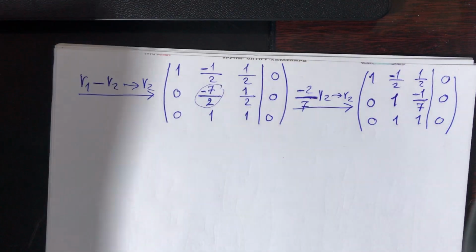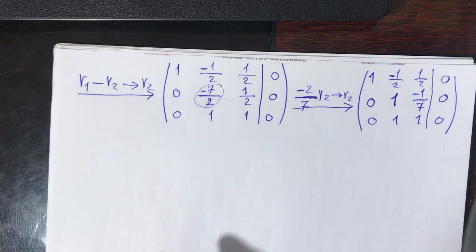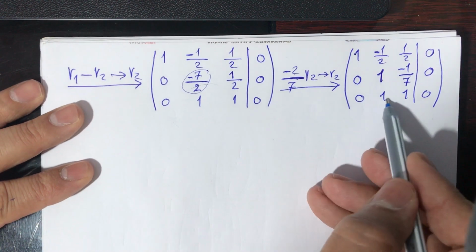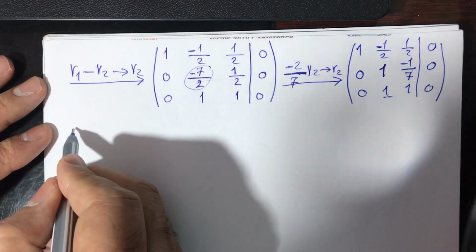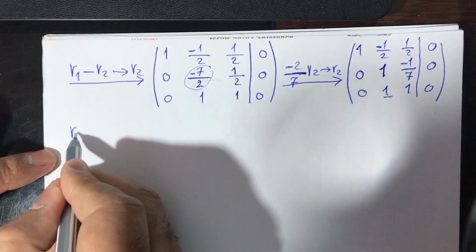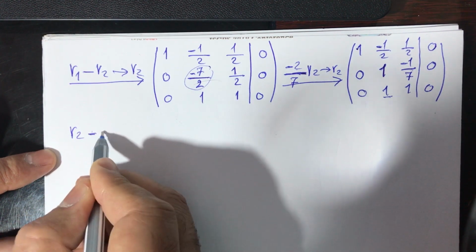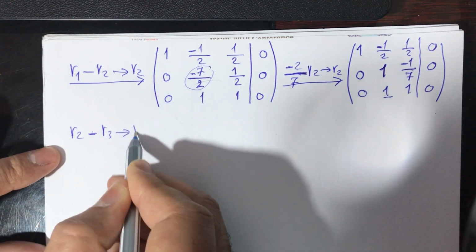Now make this 0: R3 minus R2, write in R3.